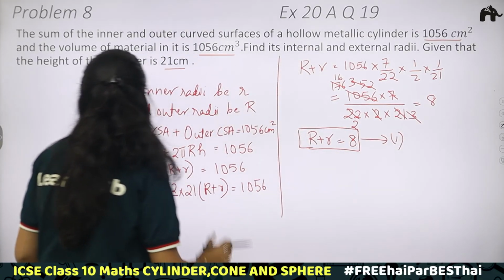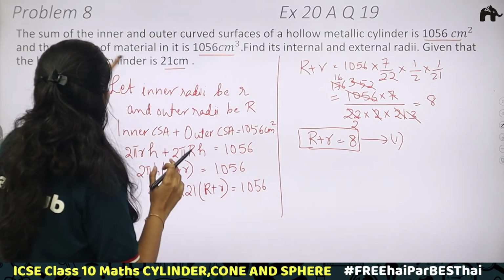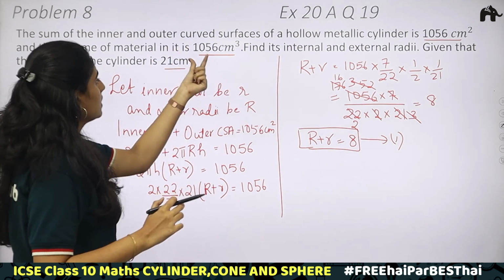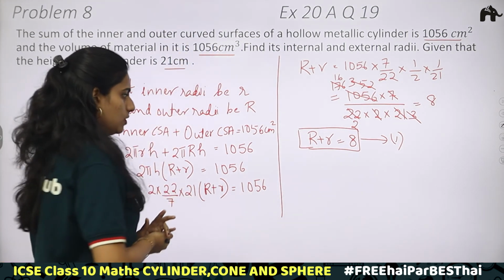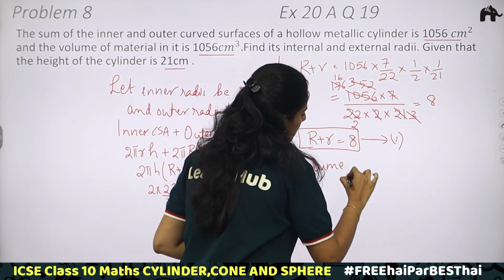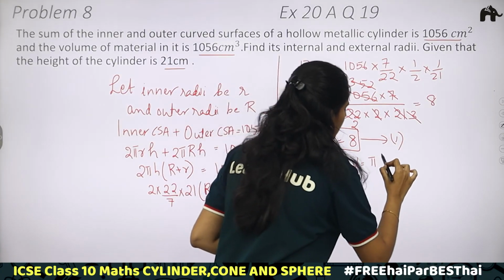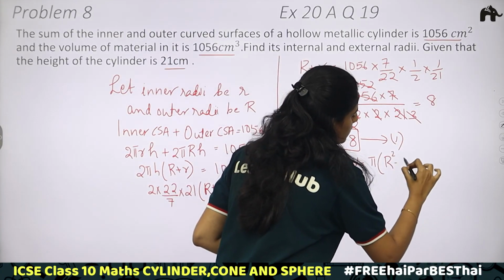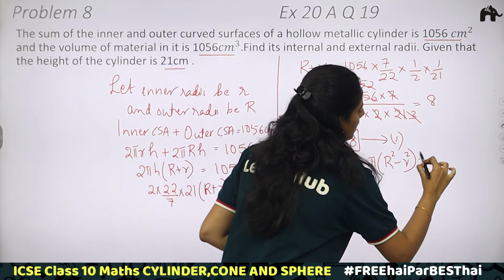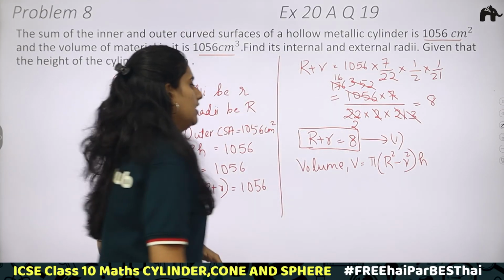Next, what is given? It is given that the volume of the material in it is 1056 centimeter cube. What is the volume of a hollow cylinder? We have volume V is equal to pi into capital R square minus small r square into h. This is the volume of a hollow cylinder. Yes.